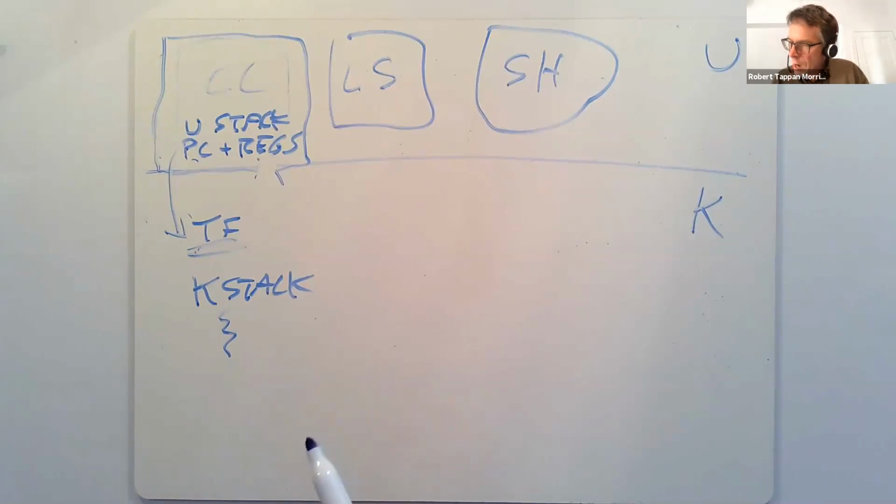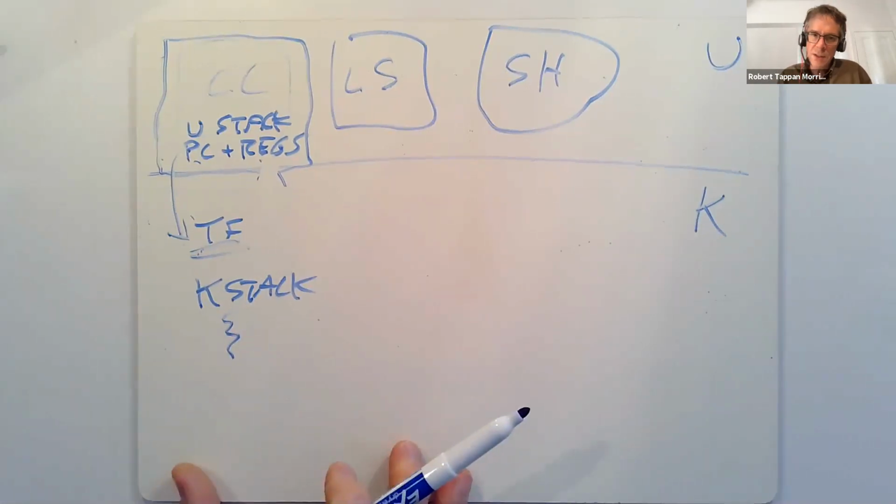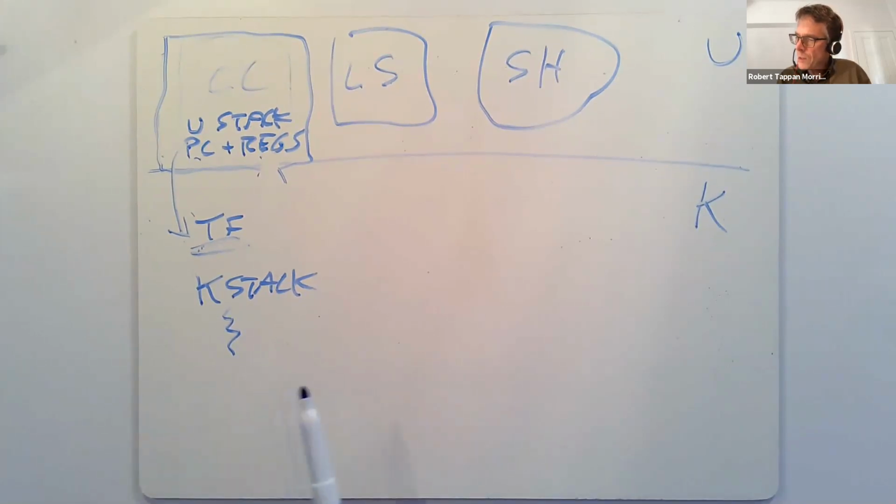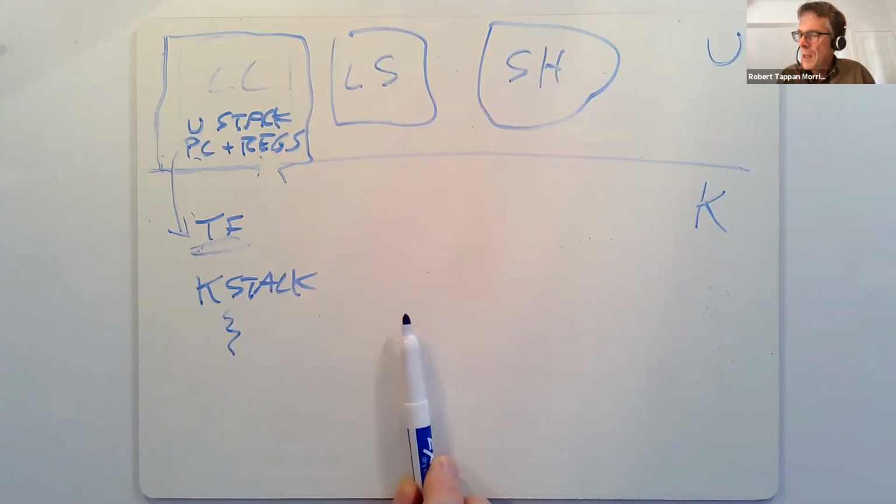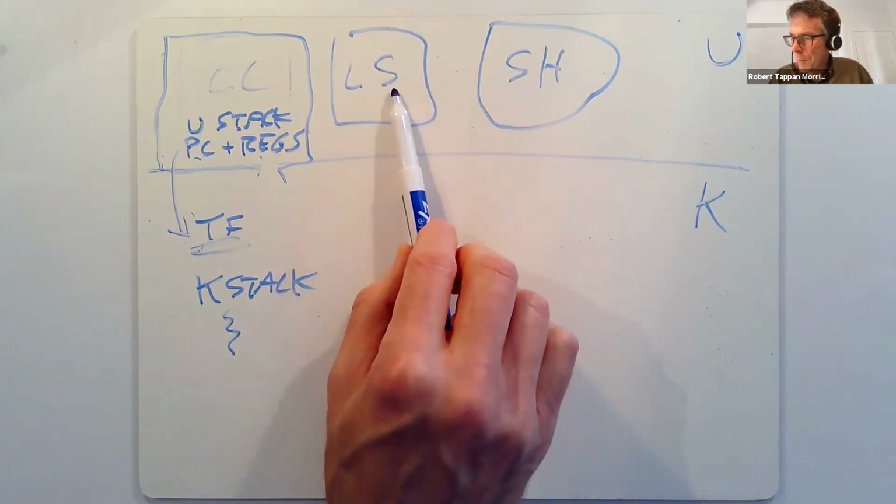The very high level view is that if the XV6 scheduler decides to switch from this process to a different process, the first thing that happens is that we switch kernel threads from this process's kernel thread to the other process's kernel thread. And then the other process's kernel thread will return to user space.